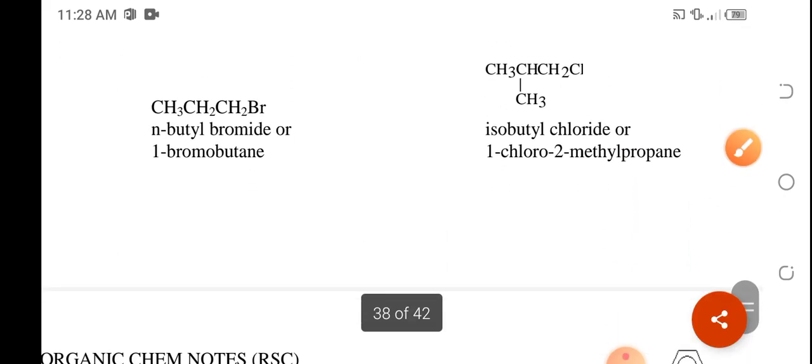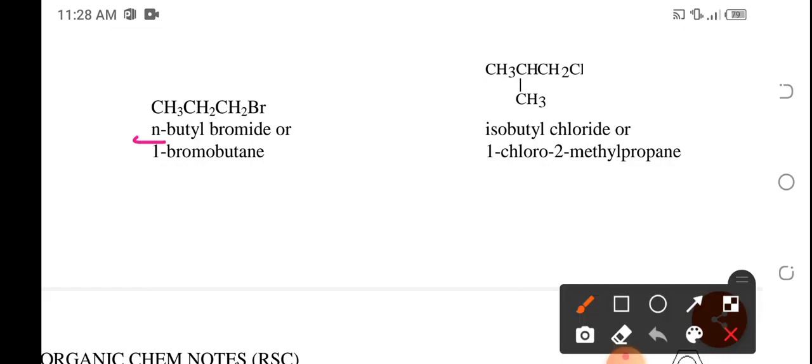Then we also have this, N-butyl bromide. This is actually the common name. And then 1-bromobutane is the IUPAC name. For the common name, you are naming first the alkyl group, butyl. This should be propyl.